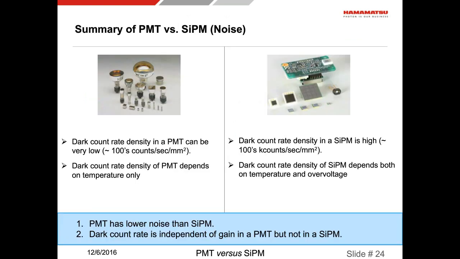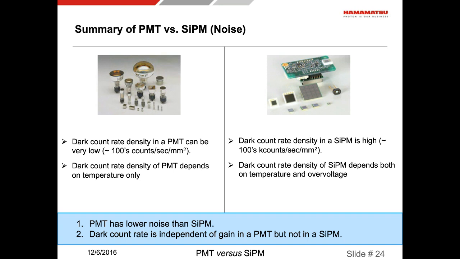Let's summarize noise for these two devices. Very importantly, the dark count rates in PMTs can be as low as just hundreds of counts per second per millimeter squared of the photocathode.